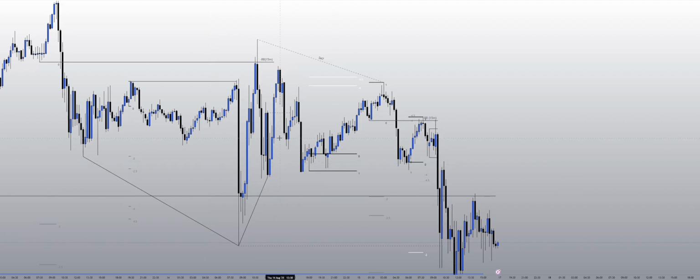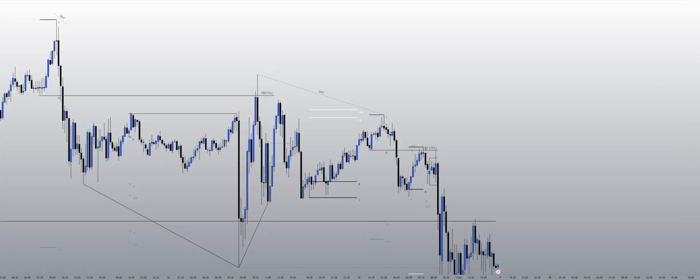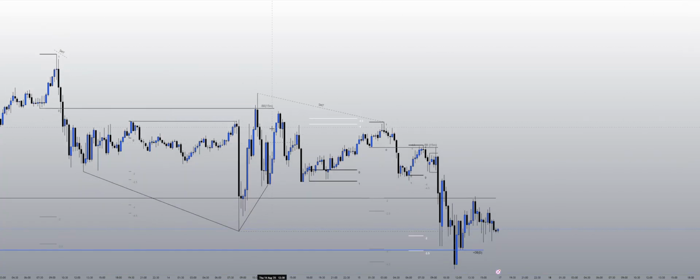One, because of the time: 12 o'clock, 1 o'clock is not really the time I like to trade, not really a time I have success with. Also, this isn't a breaker. This is a mitigation block because we didn't make new lows here. So this isn't a good trade to take for me. I was kind of revenge trading, trying to impose myself. So I actually went 0-3 on Thursday.